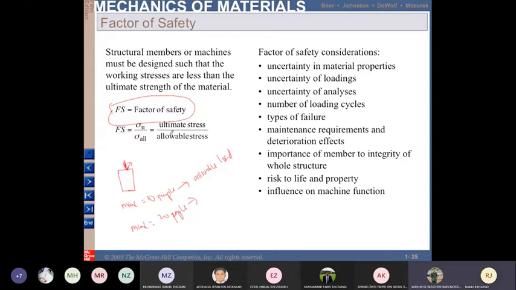But for safety, we will not say that the maximum is 20 people, because if you put 22 people, this cable will fail. So we only display that the maximum number of people is 10. This could be the ultimate load. So the factor of safety is equal to 20 over 10, which is equal to 2.